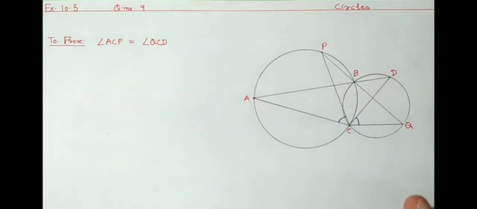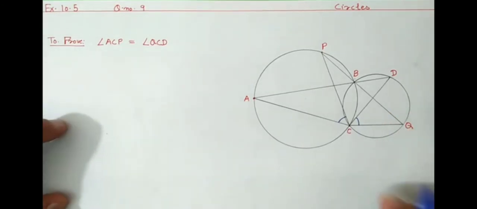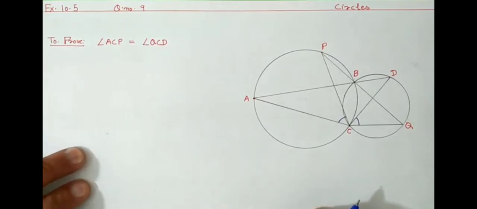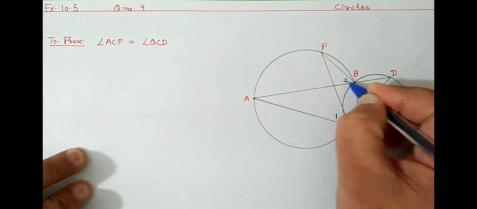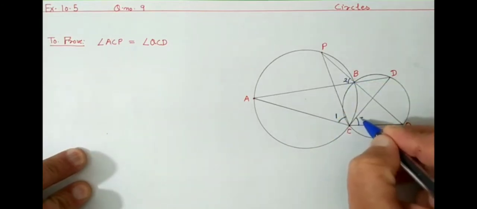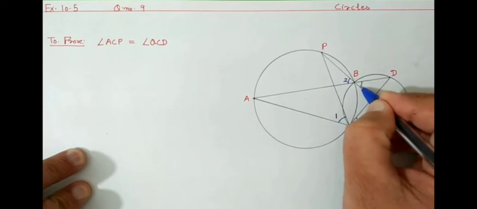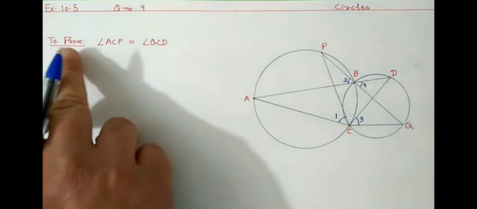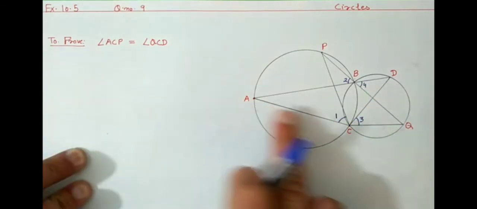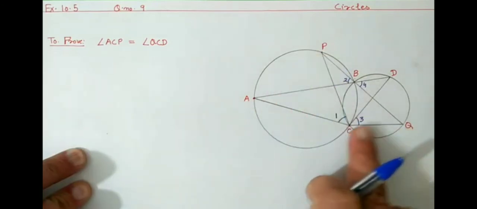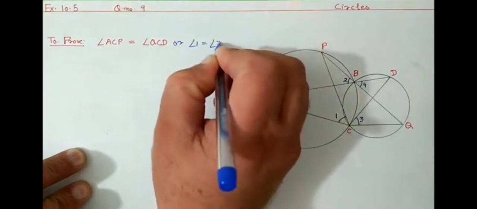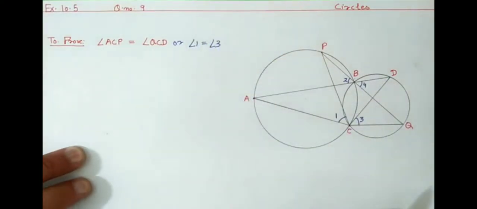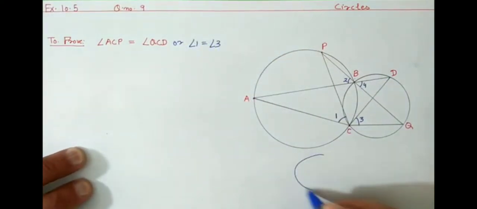This question is looking complicated, the diagram is looking complicated, but the question is very easy. So let's see how we can solve this question. Now for convenience, I am going to give the numbering: angle 1, angle 2, angle 3 and angle 4. Now to prove ACP, that is angle 1, is equal to angle QCD, that is angle 3, we have to prove.